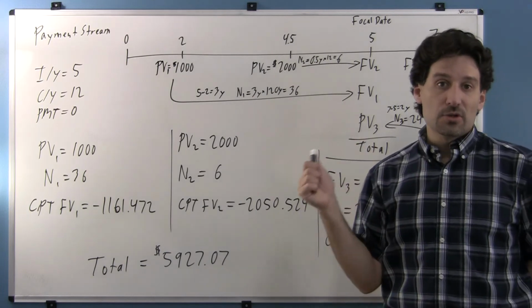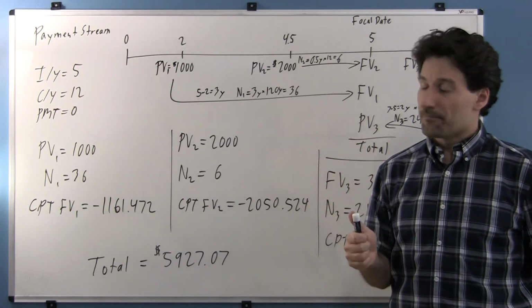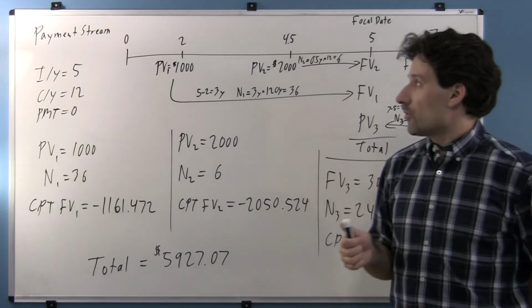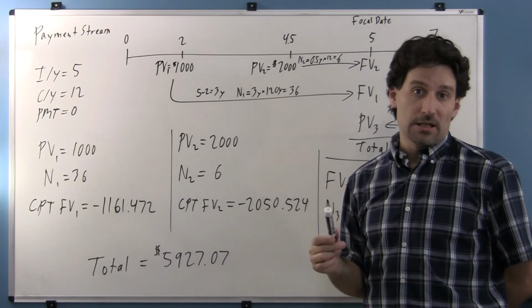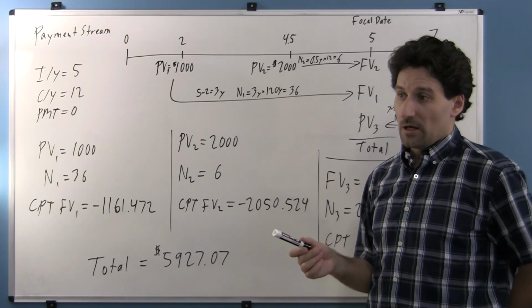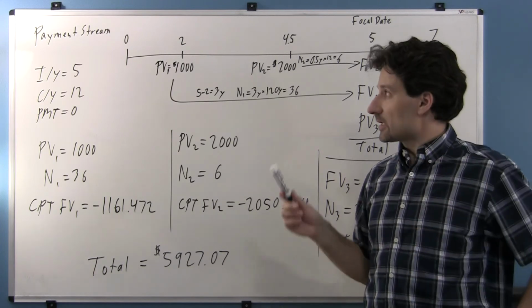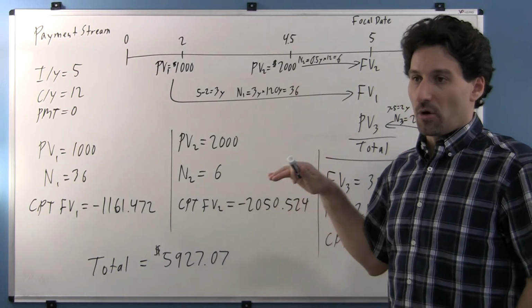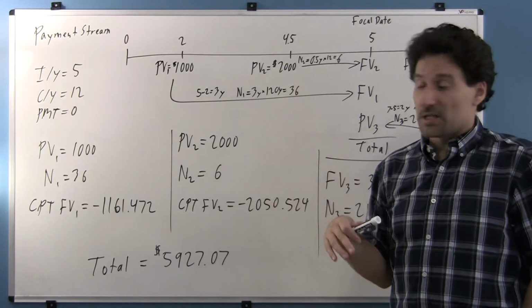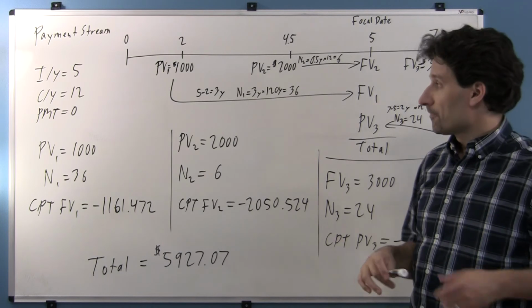It is handy to do a timeline for this purpose. I generally won't require it for marks in the test, but it doesn't hurt to show and to have an idea how your thoughts are organized, so that I have an idea for part marks in case you don't get this final answer.